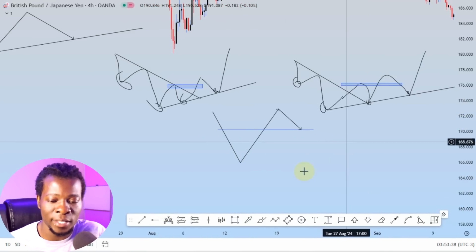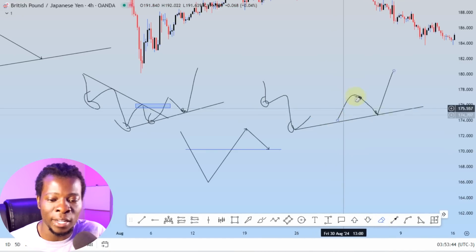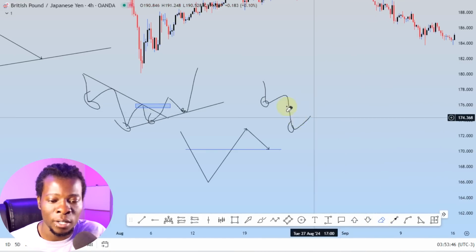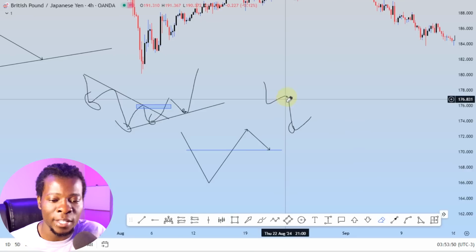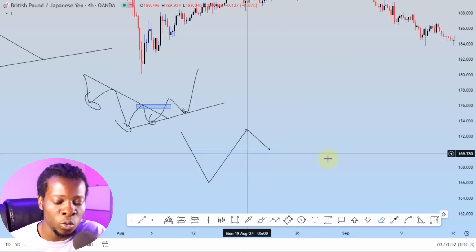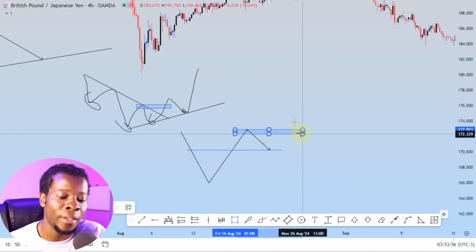Make sure price has given us a clear indication to confirm that this is just an uptrend. We need to confirm that this trend is valid and this breakout was valid. That being said, we mark this as the new high right there.